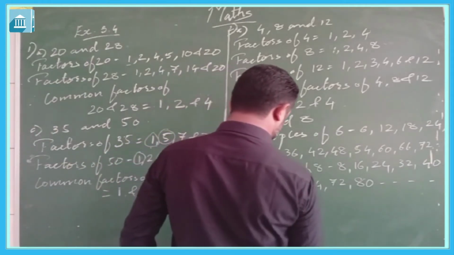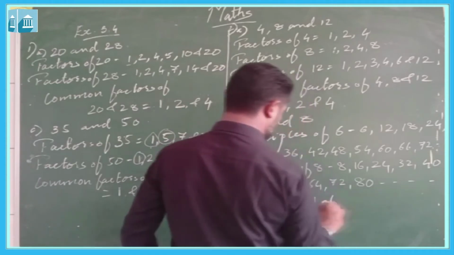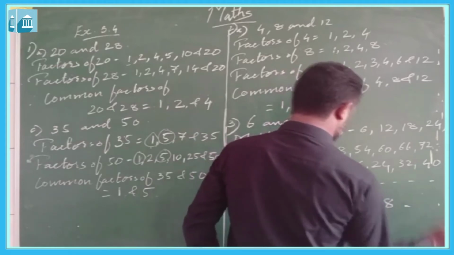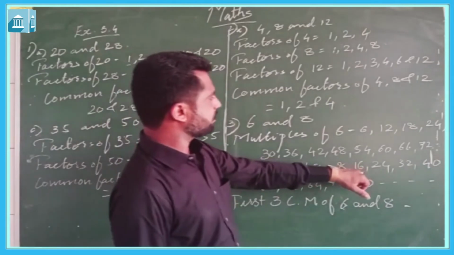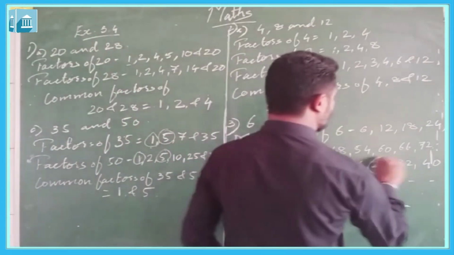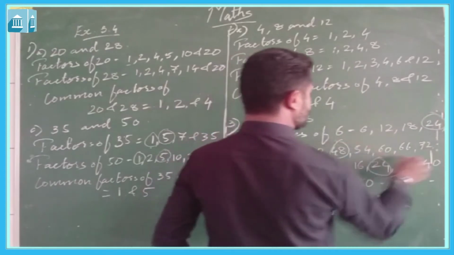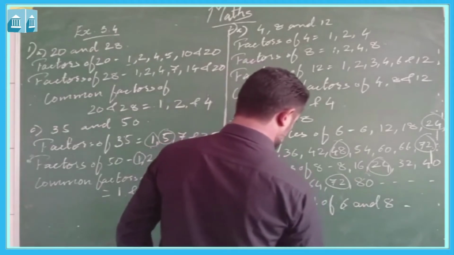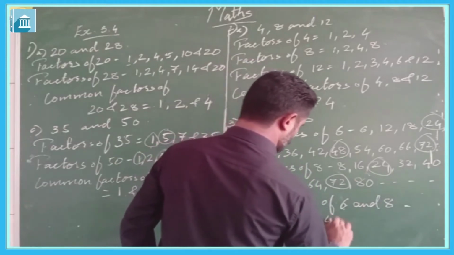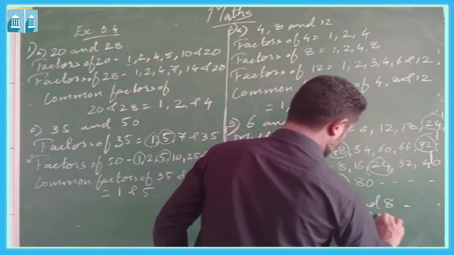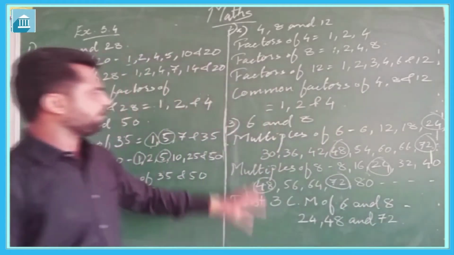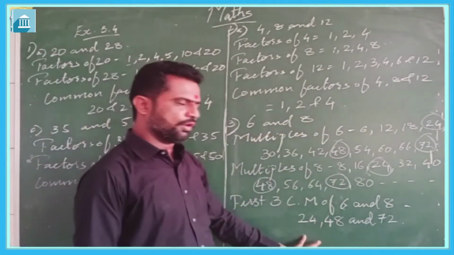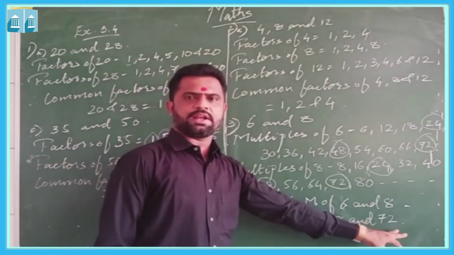If we see here, 8, 16 is not there, 24, then 48, 72. So they are 24, 48 and 72. So the first 3 common multiples of 6 and 8 are 24, 48 and 72.